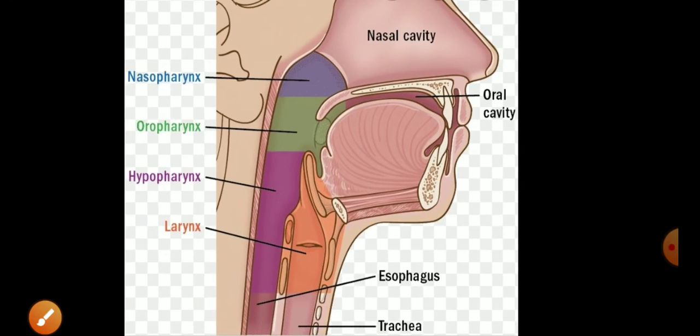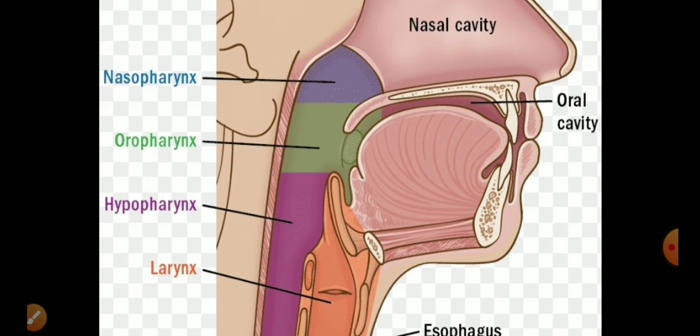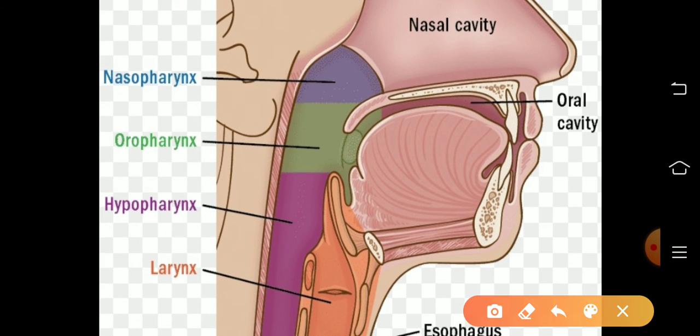The roof will be formed by the soft palate and the pharyngeal isthmus. This is the pharyngeal isthmus, and this is the soft palate. Okay, so this is the roof.